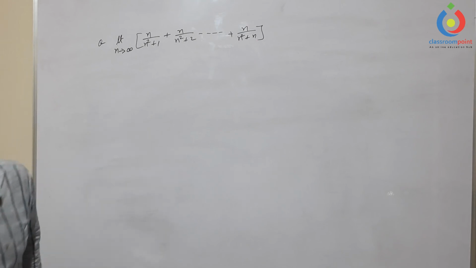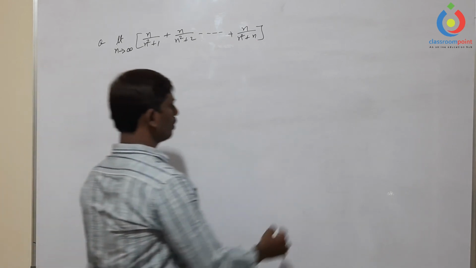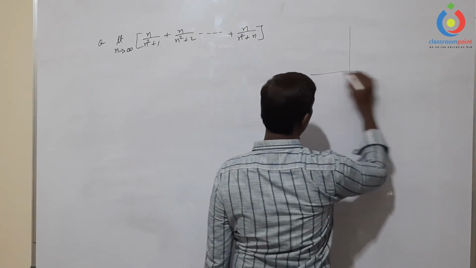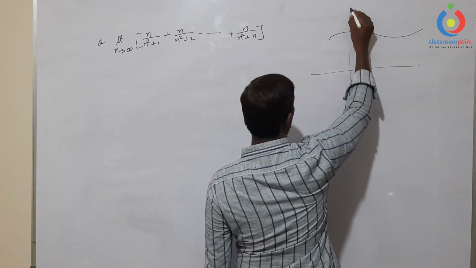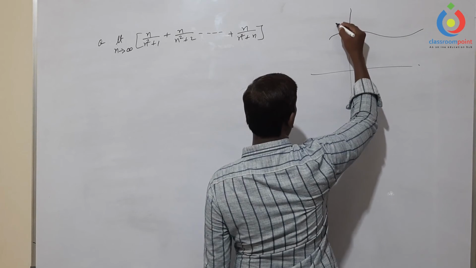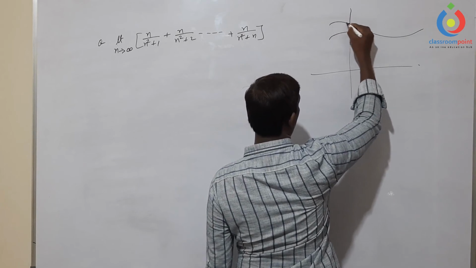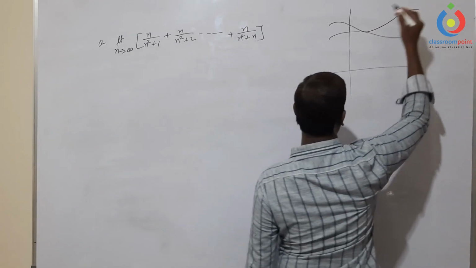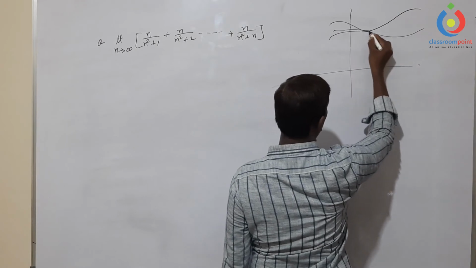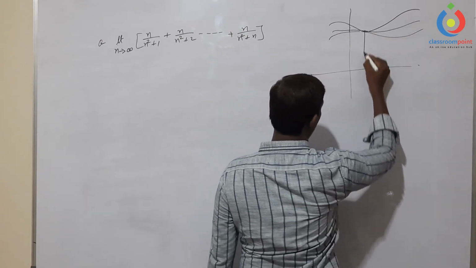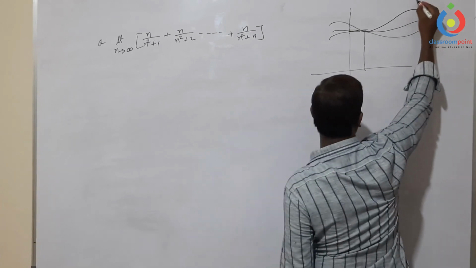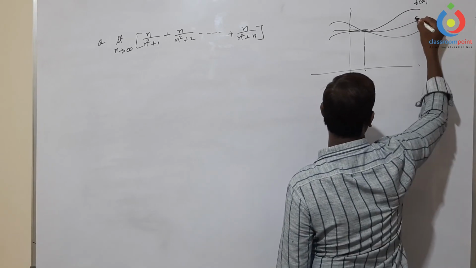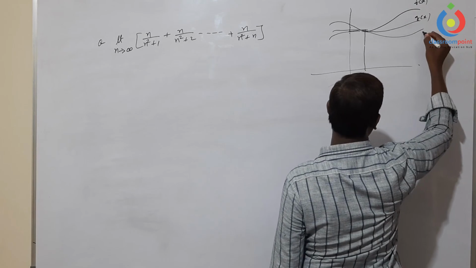See, by using the sandwich theorem, what is the sandwich theorem? See here, this is f of x and this is g of x. Let us consider this is h of x. Here the height is the same, right? So first one is f of x, second one is g of x, third one is h of x.